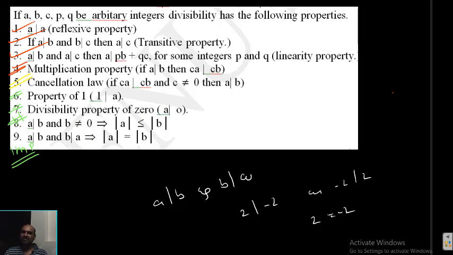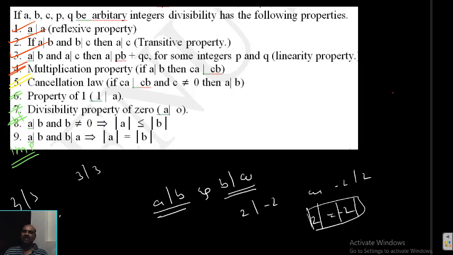In general, 3 divides 3 and the reverse also, so I can say 3 equals 3. But here I can't say 2 equals minus 2; what I can say is mod of 2 equals mod of minus 2. That's why if A divides B and B divides A, then modulus of A equals modulus of B.